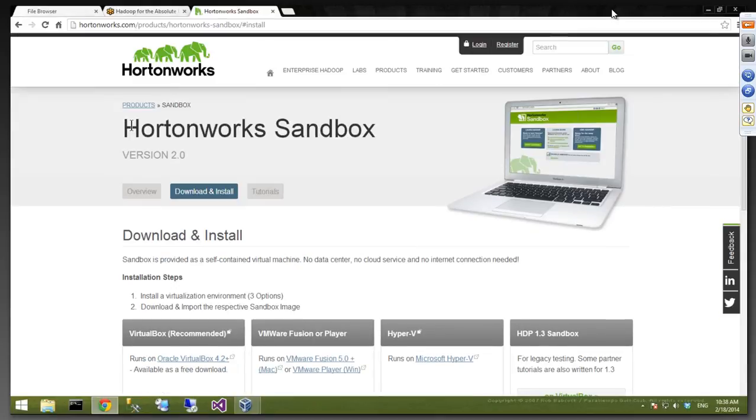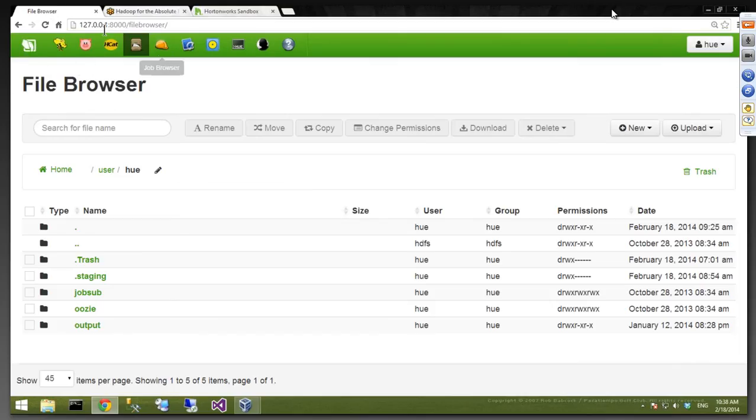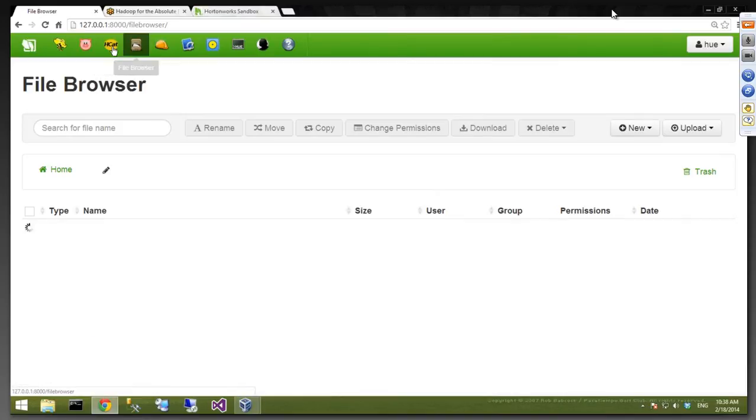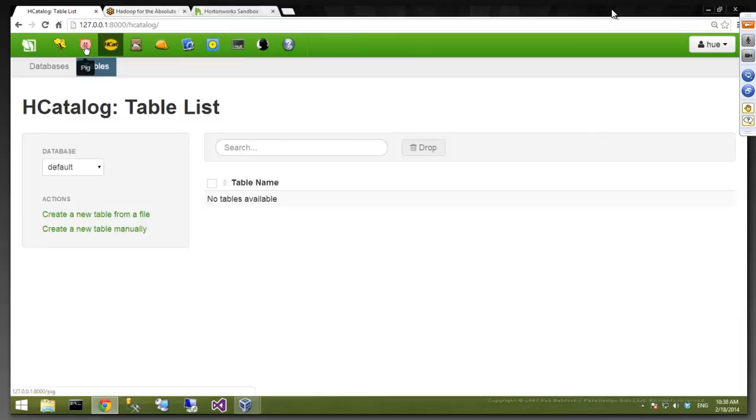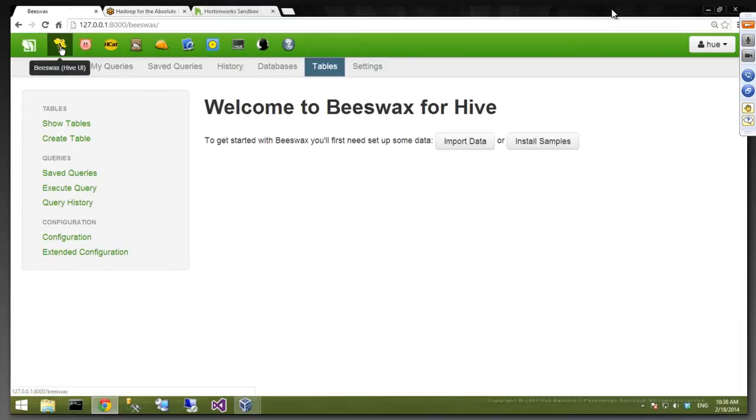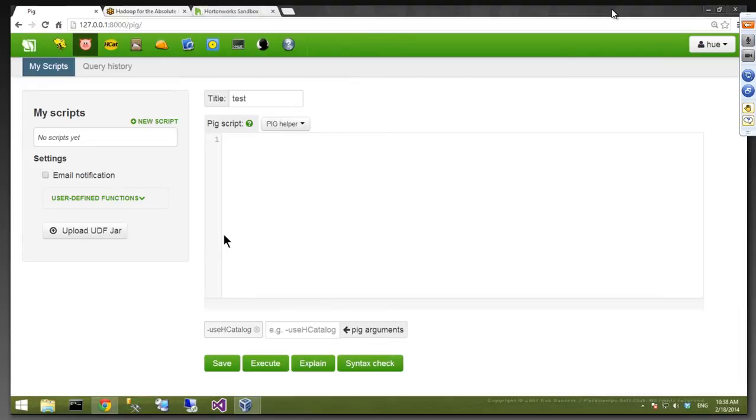And that's what I did, right? This is Hue, and you can see 127.0.0.1. I guess I'm on 8000, and here's my file browser. So you'll see these icons are really helpful. We're going to focus on the file browser, on HCat for HCatalog, on Pig, and then a little bit later on Hive. Just a nice little graphical thing.